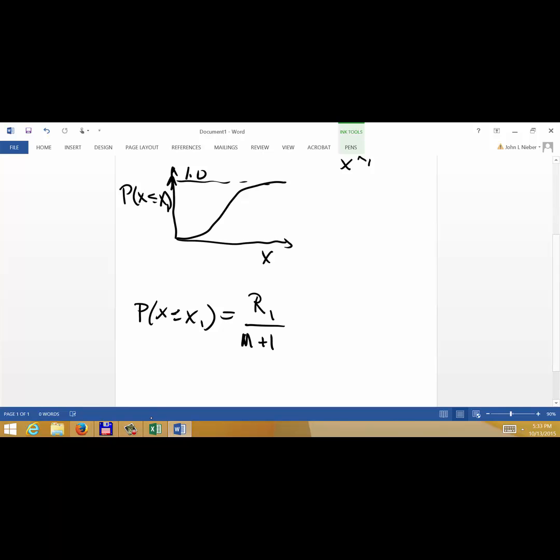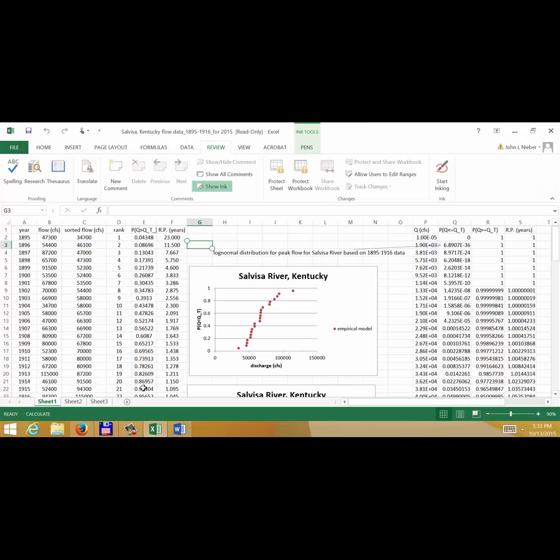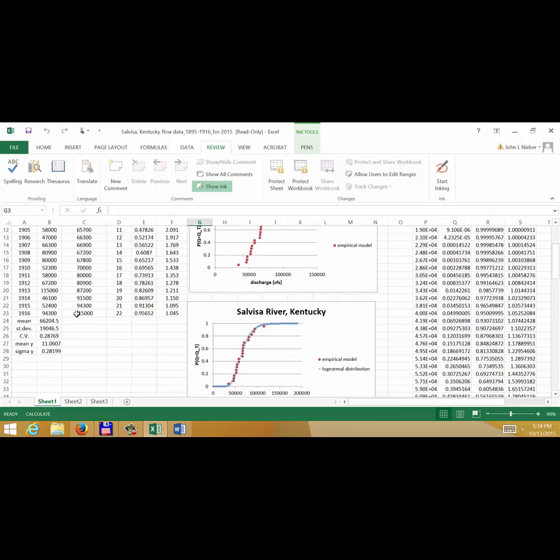So let's look at our Excel spreadsheet. In here we've got the flows given by the years in which they occurred, and then if I were to sort those from smallest to largest, you'll see that column C has them arranged in that way. The smallest value in column B is 34,700, and the largest value is 115,000.